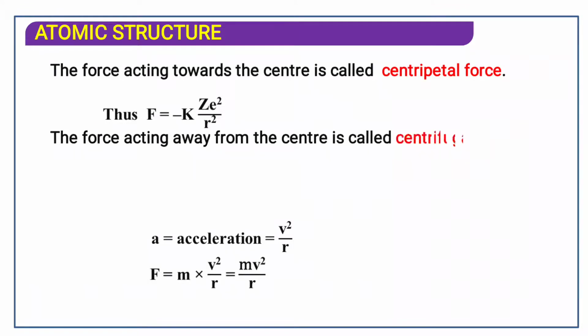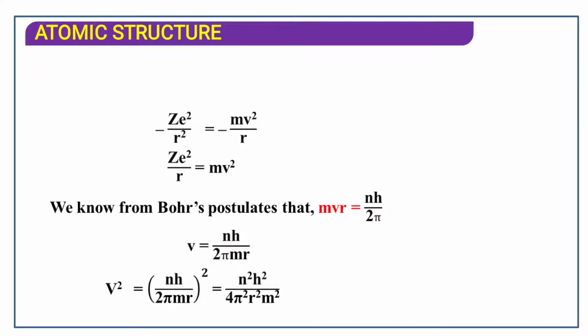The force acting away from the center is the centrifugal force. F is equal to ma, where m is mass. This is the Coulomb's law force, and this is force equal to mass into acceleration. They are both equal, we can see here.